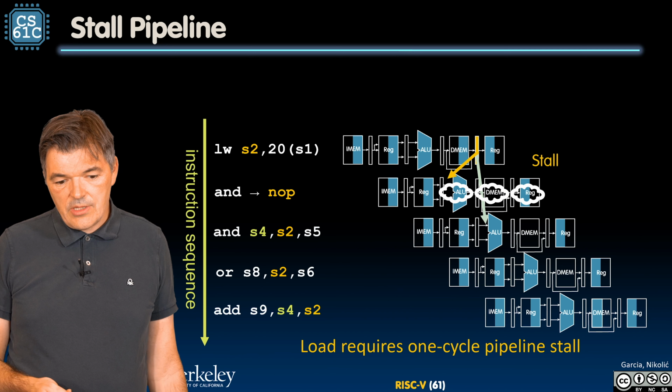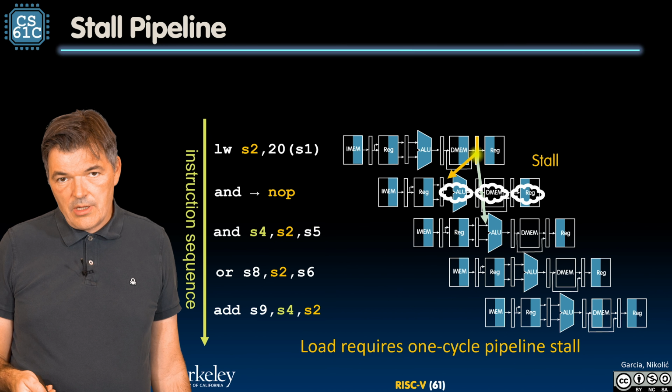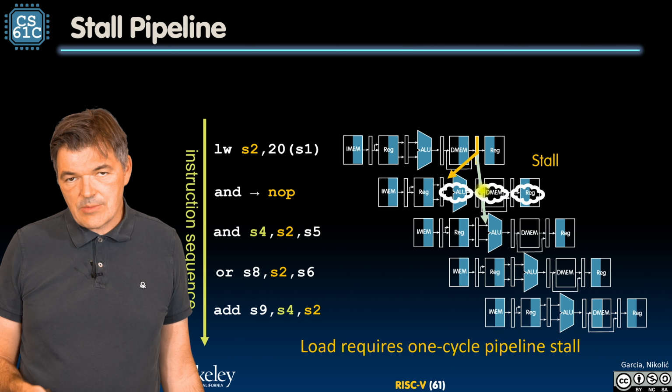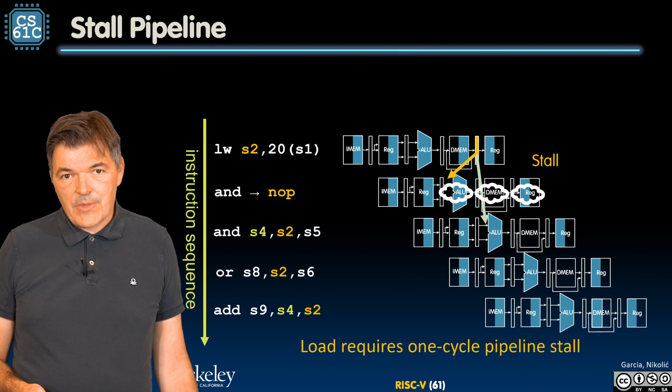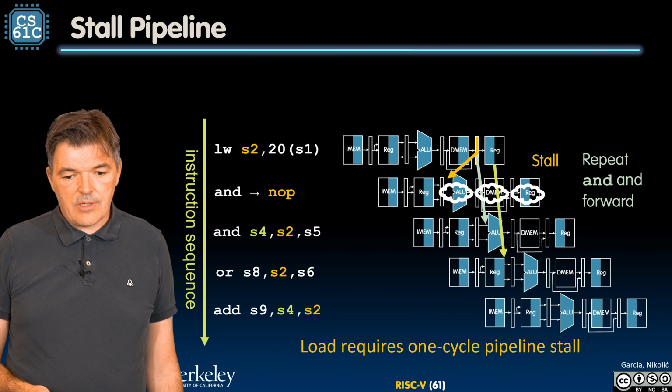When we repeat the AND, we are able to forward this using exactly the same mechanism as we have seen before in mitigating data hazards, so it becomes available at the input of the ALU. So we are going to repeat this AND with the forwarding.